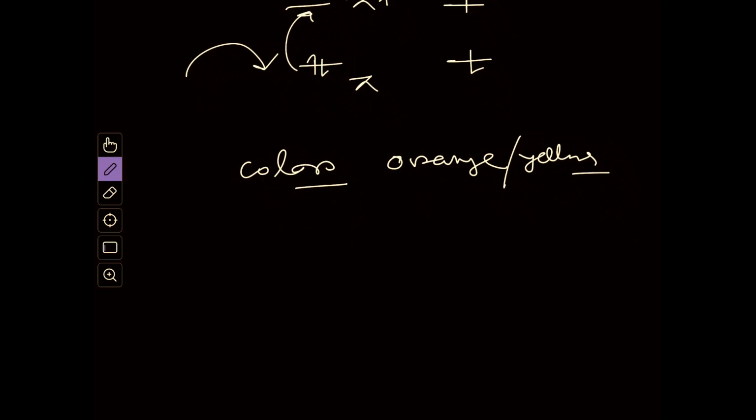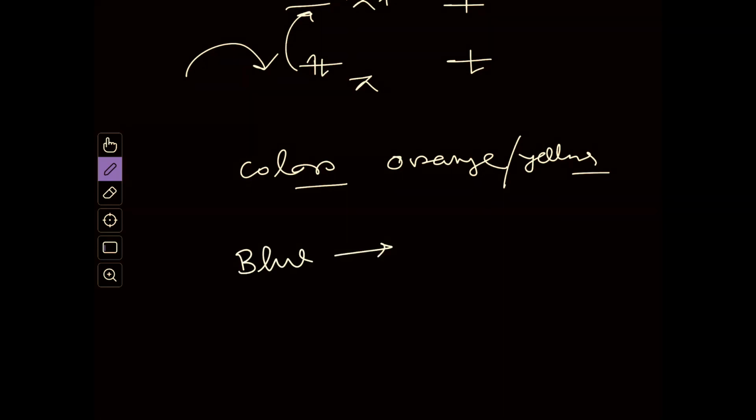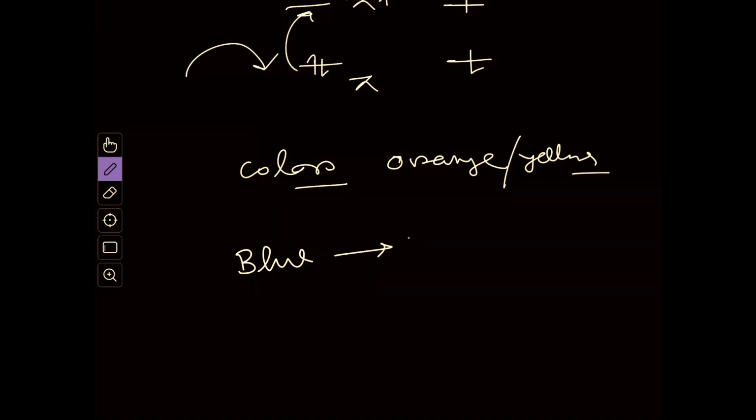We have seen that any molecule will absorb energy either in the UV range or in the visible range, and whatever energy that molecule absorbs, we actually see the complementary color of that light. For example, if a molecule absorbs light in the blue region, we will see the molecule as the complementary color of blue, which is yellow.